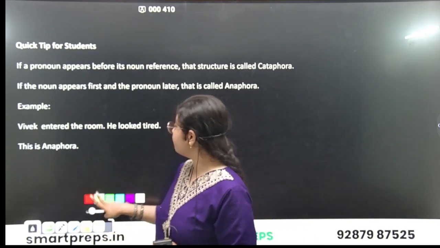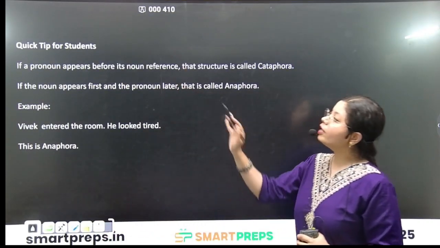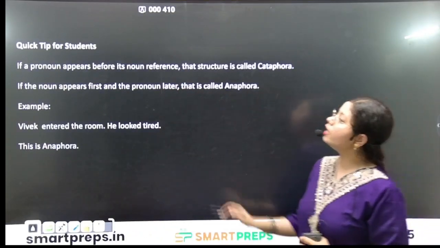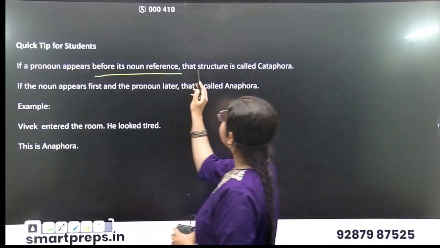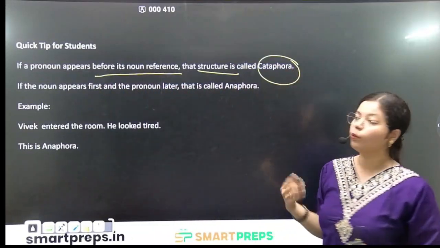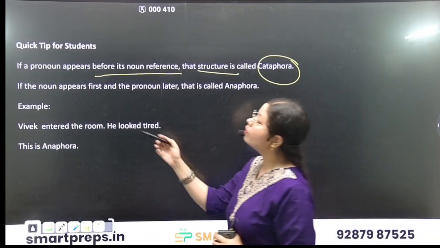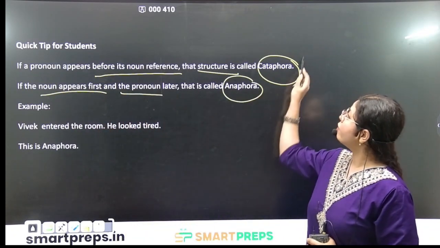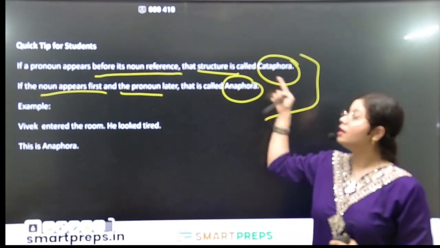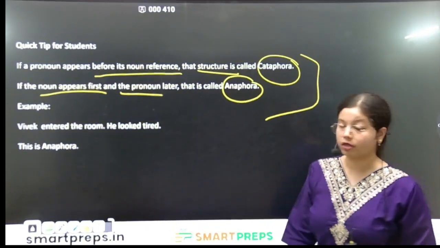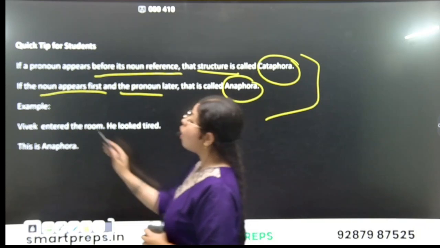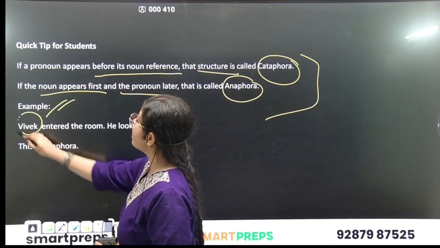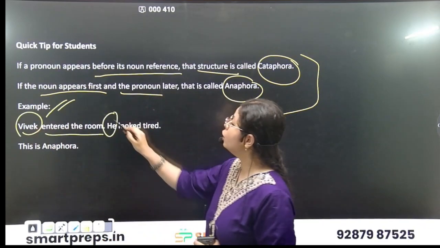Let me bring some quick tips. If a pronoun appears before its noun reference, that structure is called cataphora. And if the noun appears first and the pronoun later, that is called anaphora. This is the basic difference between anaphora and cataphora. For an example of anaphora: Vivek entered the room, he looked tired.